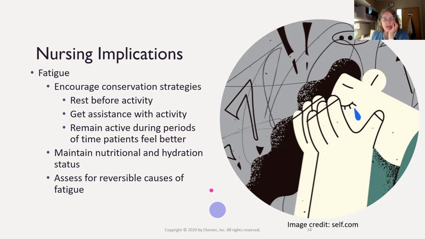One of the reasons why they have all of this fatigue is from anemia. Other causes might be from the toxic substances that are left in the body after cells are killed by the cancer treatment. So once the cells are obliterated, all of those bits and pieces have to be filtered and processed and removed by the body.